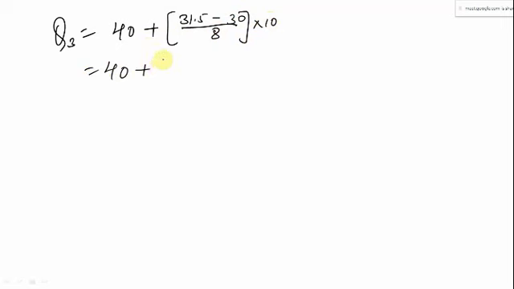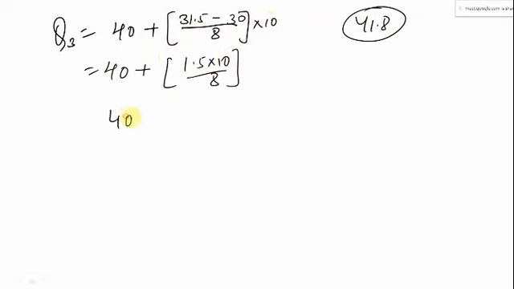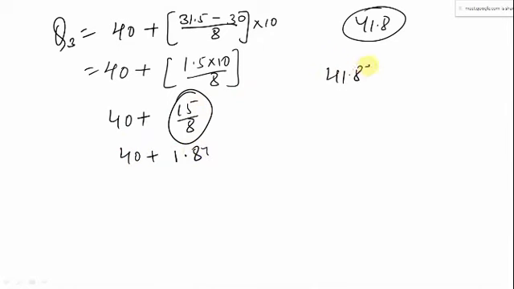So how can it be 41.8? Okay, let us check it. It is 1.5 multiplied by 10 divided by 8. So it is 40 plus 15 by 8. So you just solve it and add it into 40. So 40 plus 1.87. Yes, 1.87. So it is 41.87.